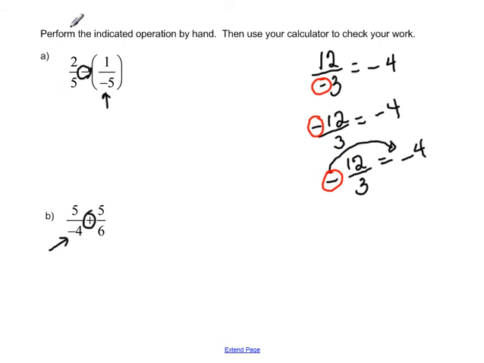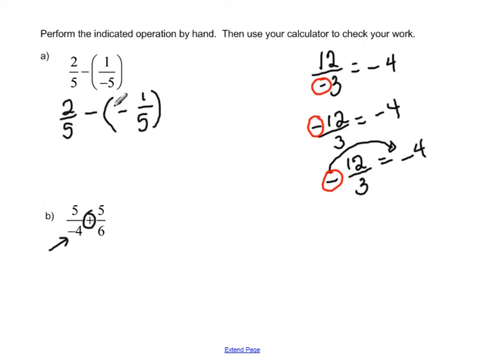So each one of these problems that we have here, let me just erase my marks here, we could go ahead and rewrite each one of these problems with this negative that's in the denominator. Let's move it out front. So here I can rewrite this as 2/5 minus a negative 1/5. And now I'm back on familiar ground.